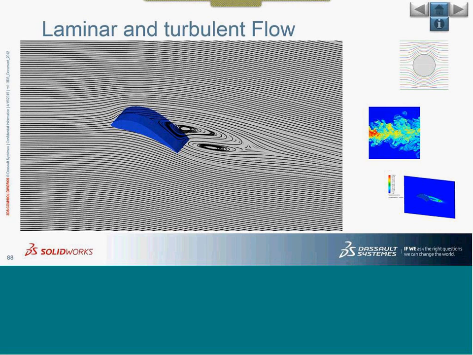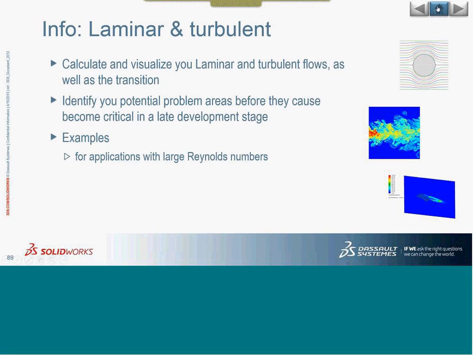There are two different models, but one of them which is commonly used is the K epsilon model, and the software itself gives the option by which the flow can be either laminar or turbulent. So based on the situation, based on the requirement, the software will change the kind of flow and handle it appropriately.